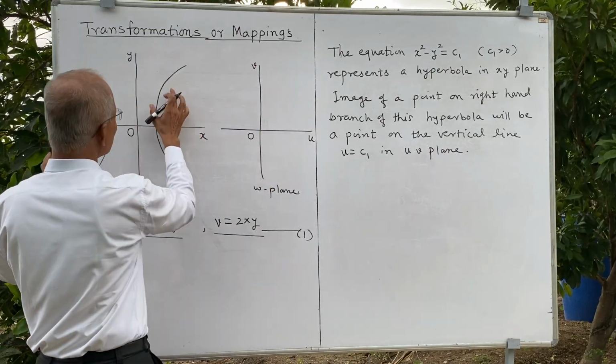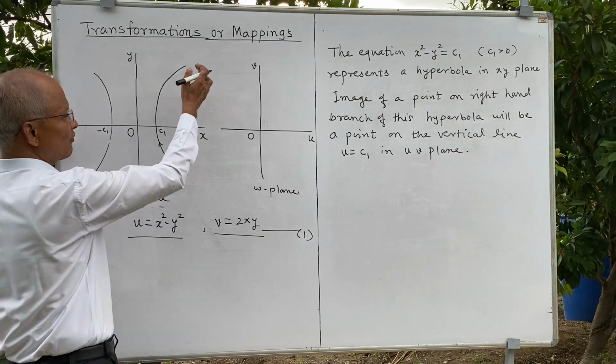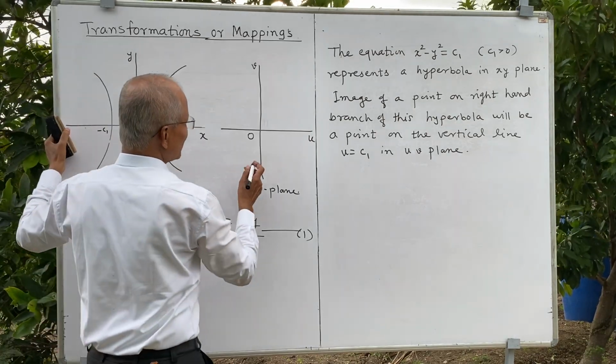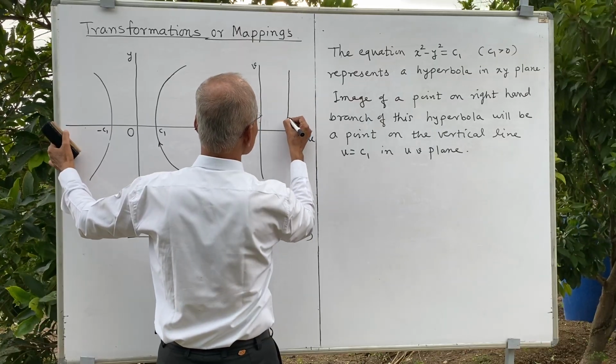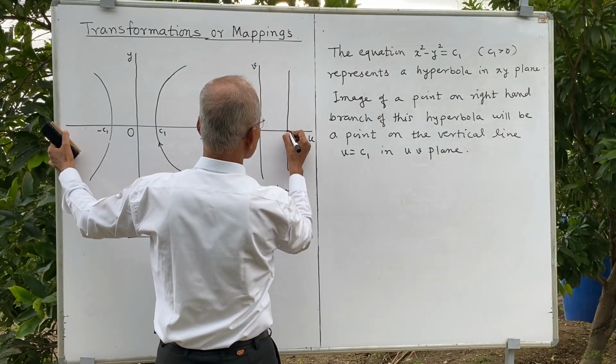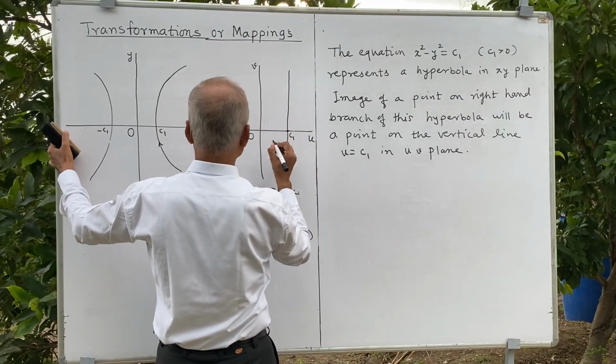Every point on this hyperbola, as the point moves upward, lies on this line u is equal to c1. So this is the line u is equal to c1, through this point c1.